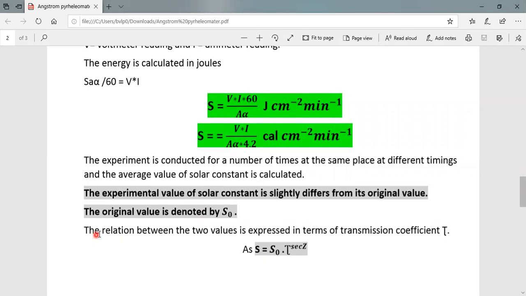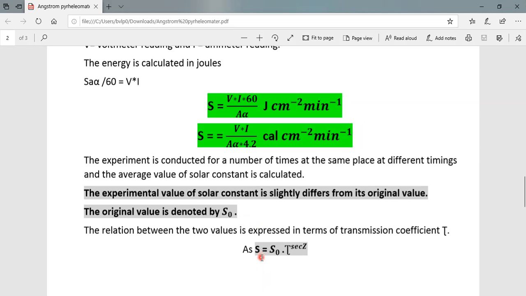And here we have the standard, original value S0. Actually, due to absorption of the solar energy in the atmosphere, the value we calculate experimentally is not the correct value. With the original value S0, how it is related, this is the expression here.